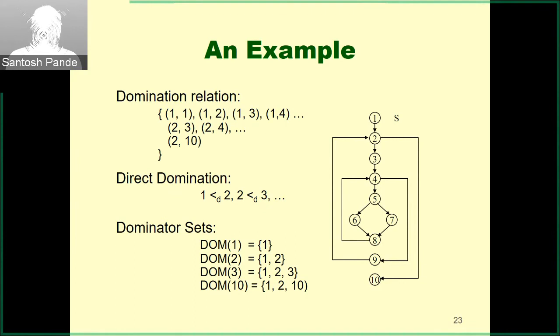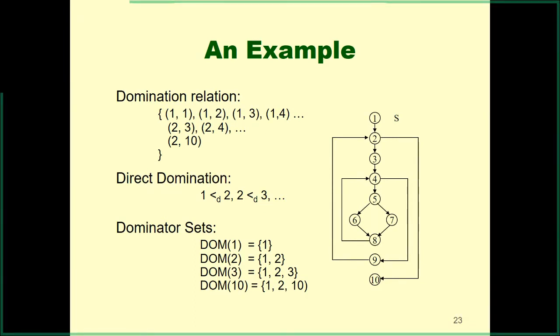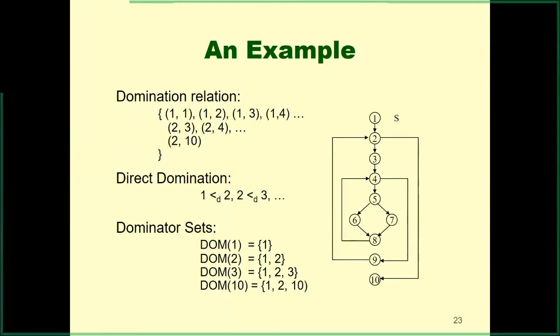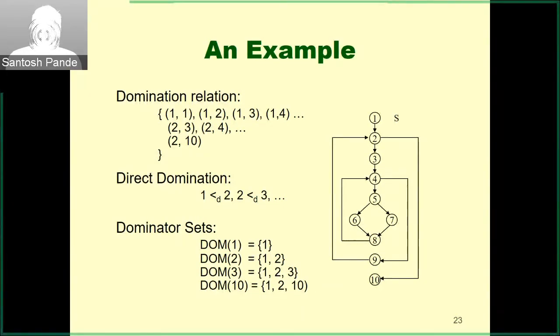But then I move one level up and I go to 6, let's say, and I find out if my predecessor dominates me. And you can easily see here that there's only one predecessor, and if there is only one predecessor, the control must come via that predecessor. So the node which has in-degree 1 must be dominated by its predecessor. That's the premise.